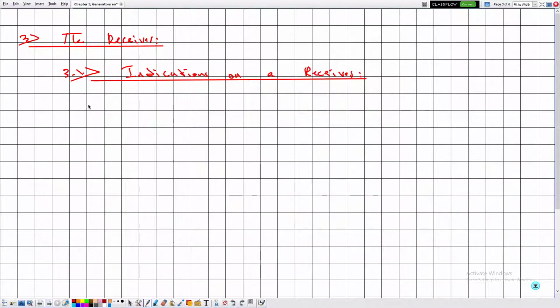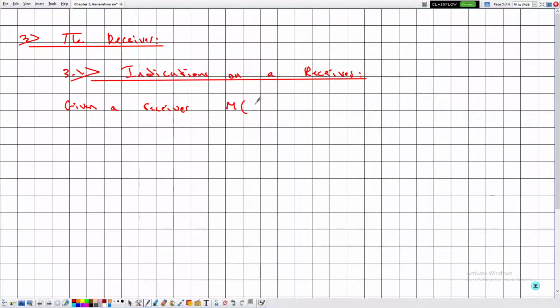And let me say, given a receiver, I will not label this receiver to be R, but rather AM, because the motor, AM stands for motor, is a good example of a receiver.